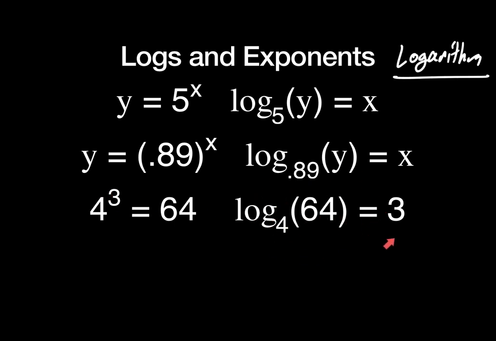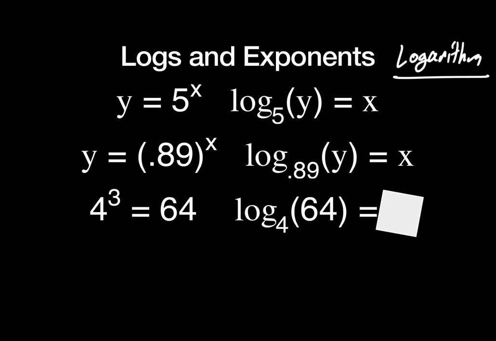When we get to these problems, oftentimes there will be a box, like, hey, simplify this. What you would be thinking is, 4 to what power is 64? And that's how logarithms relate to exponents. Well, I shouldn't say they're like exponents.